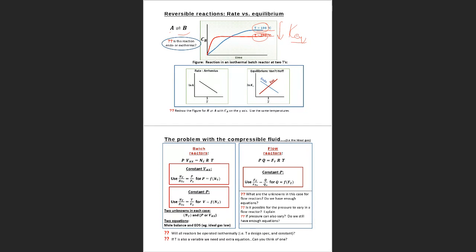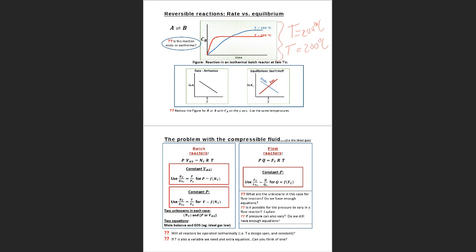So now, let's just start with B that goes to A. So I have the reverse and I feed pure B to my reactor. And I want you to redraw this figure for two temperatures. Temperature is 100 degrees and temperature is 200 degrees Celsius.